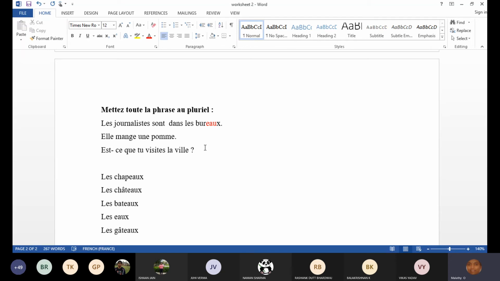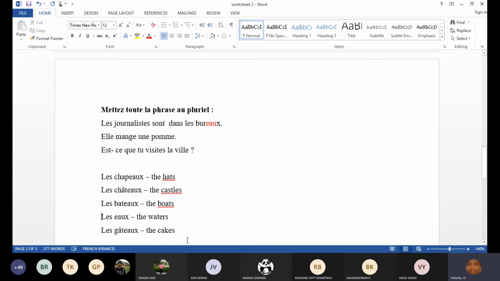So these are a few examples which will take X. Chapeau, the hat. So the plural form and the singular form: le chapeau, le château, les bateaux, l'eau, les eaux, les gâteaux.